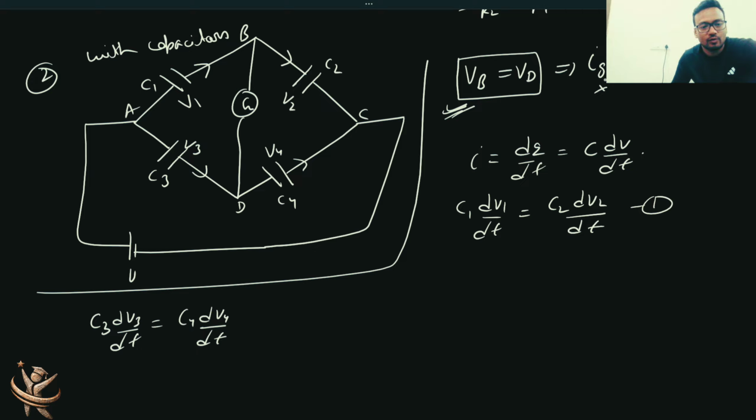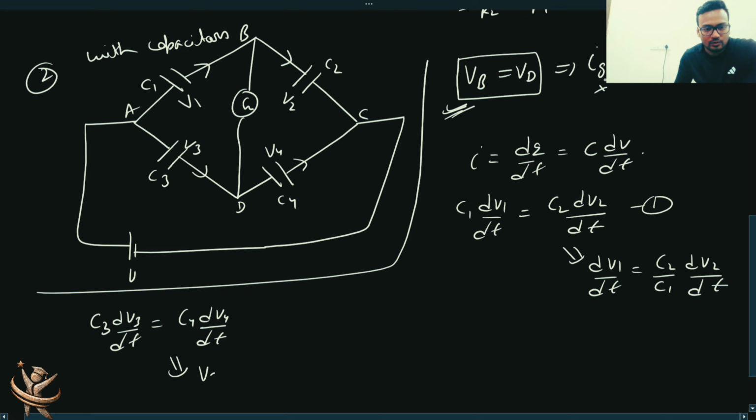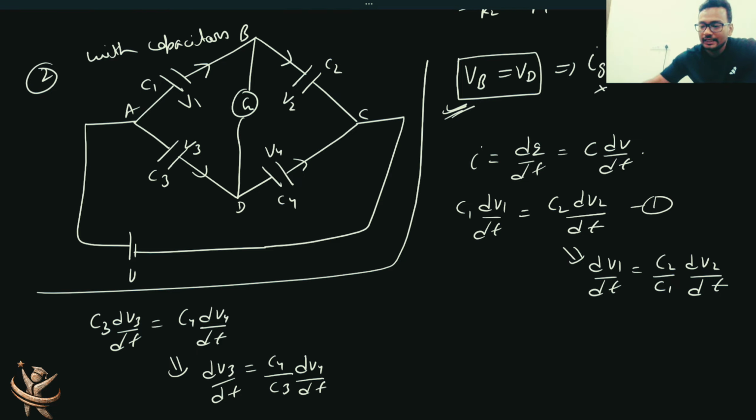Now from these equations you can find dV1 by dt, that is C2 by C1 dV2 by dt, and dV3 by dt, that is C4 by C3 dV4 by dt.